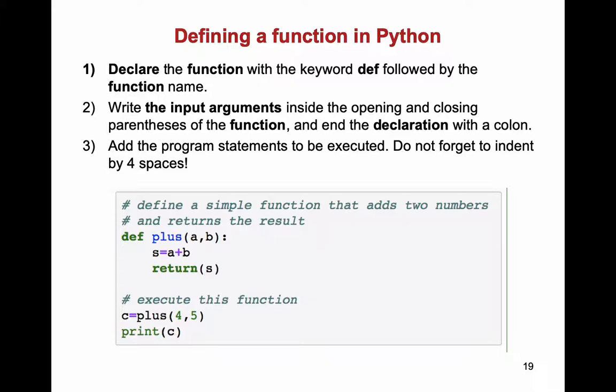Make sure that the name is short enough, but it reflects how the function is going to be used and what for, okay? And then there are input parameters, and our infamous colon. Colon always tells Python, hey, there's a block of statements that is going to be executed for this particular case.